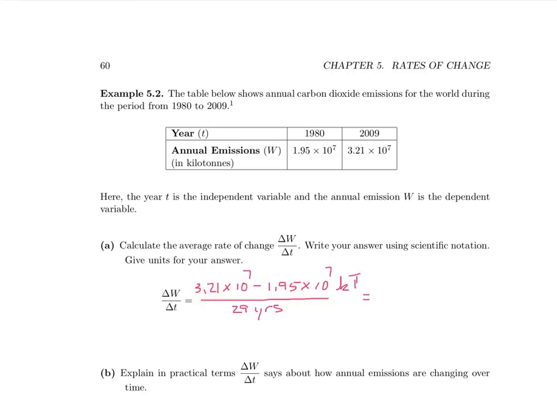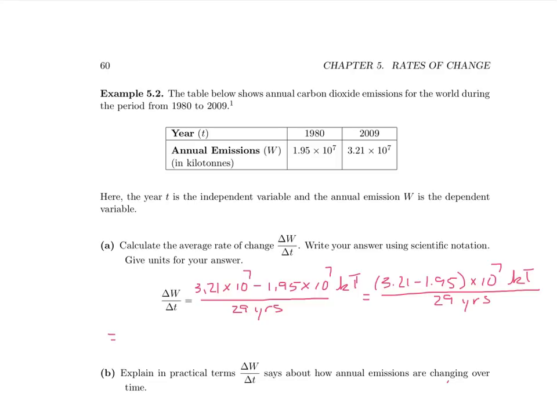Go ahead and subtract them first and then multiply your answer by the 10 to the 7. So in other words, I'm going to take 3.21 minus 1.95. I'll calculate that subtraction, I'll multiply by 10 to the 7th, and that's how I'll work out my numerator. And this is, again, kilotons. The denominator, again, is 29 years.